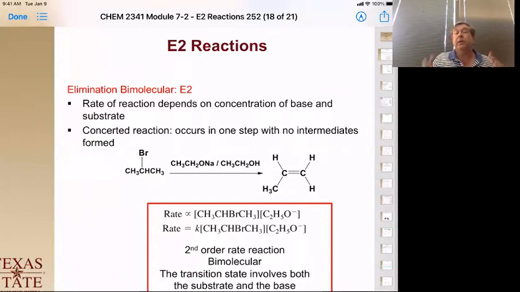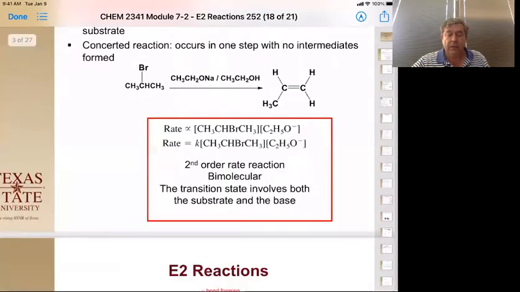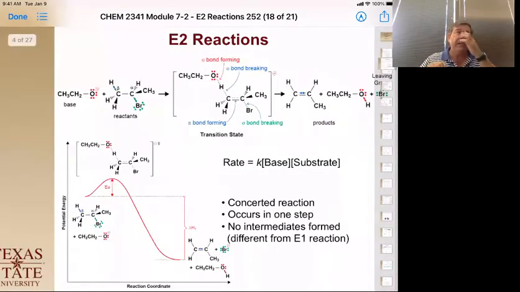Now, it also is a concerted reaction, okay? So our reaction diagram should look a lot like an SN2 reaction diagram, except that we're not going to give off as much heat because we're forming an alkene, which has more stored potential energy. Okay, so that means we have to have a different transition state.